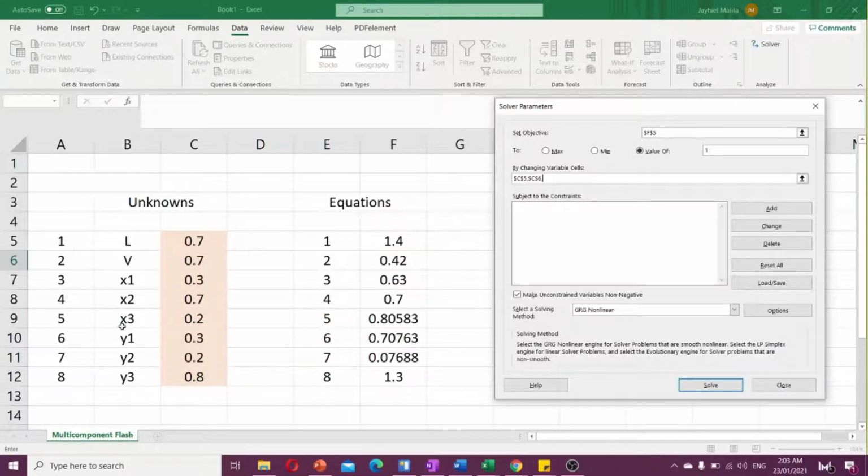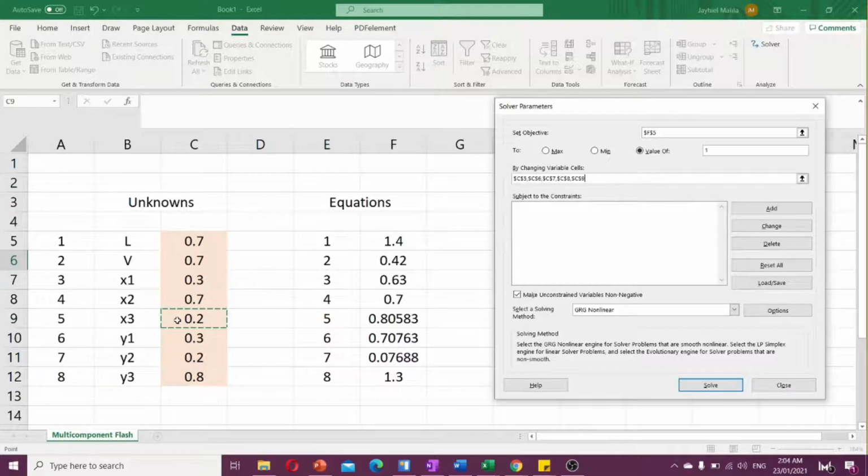I will try to change the values of x1, x2, and x3. You can also vary y1, y2, and y3, but you need to make sure that you only choose one set. You can just choose x1, x2, x3, or y1, y2, y3. You cannot mix the x and y's.